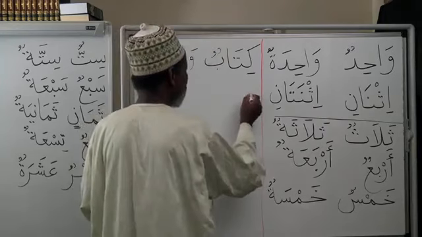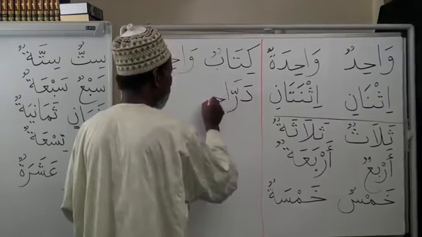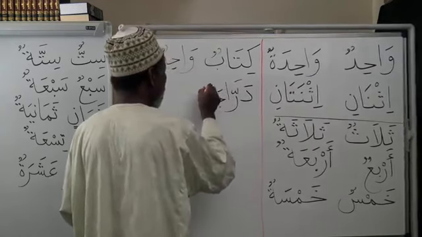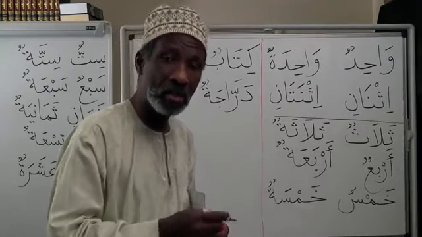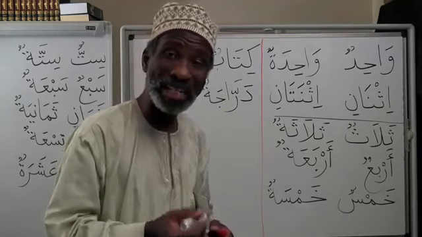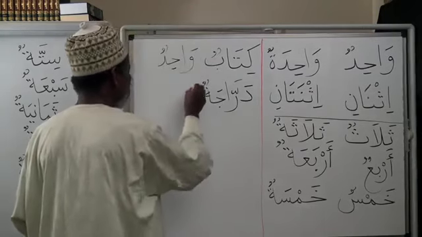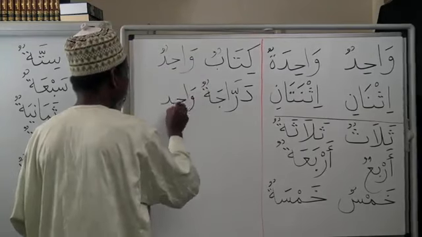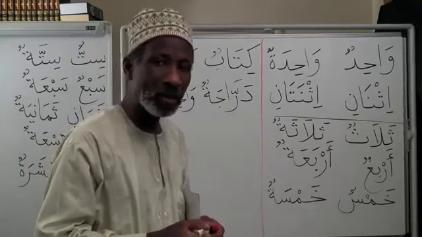So let's write darajatun. Now if you want to mention number 1, you mention after darajatun, you say darajatun wahidatun. So that's how you use number 1.